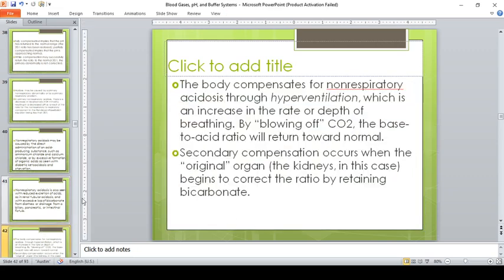Okay, so in this case, non-respiratory acidosis or metabolic acidosis. Okay, so the problem lies with the kidney. So the compensatory mechanism is done by the lungs. Okay, since acidic na siya, kumbaga acidic na yung katawan mo, anong gagawin ni lungs?